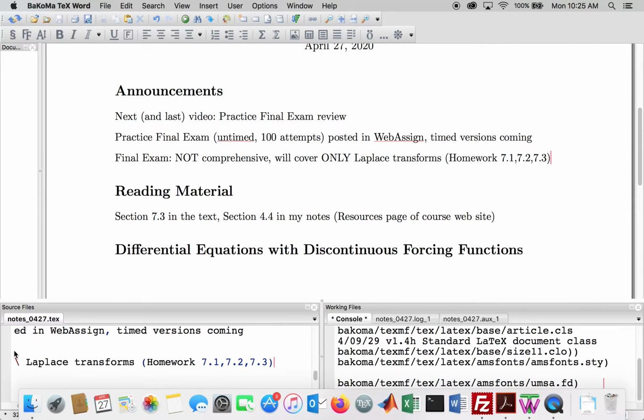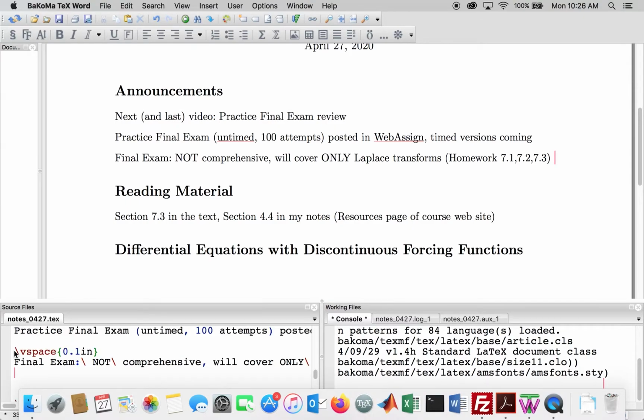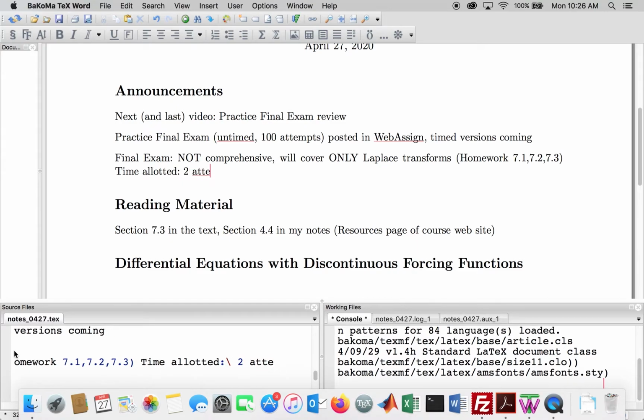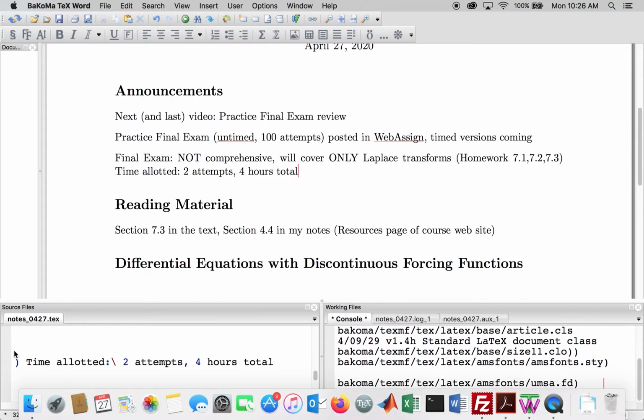As far as time goes, you get 2 attempts like you did for test 2, 4 hours total. Now, what I may do instead, I'll have to figure out how to set this up, but the idea is I want you to be able to take at least 2 hours on a given attempt. So 4 hours is a longer time span than the 2.5 hours you were given last time.